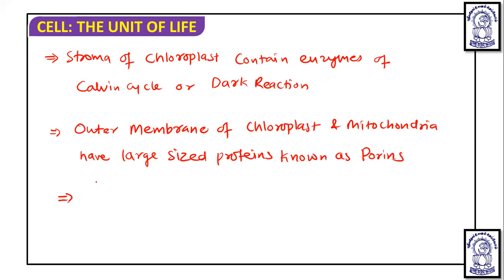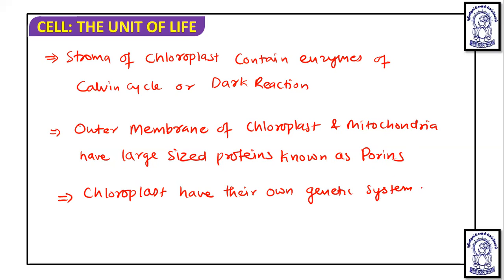Apart from this, we know that the chloroplast has its own genetic system, like double-stranded circular DNA, RNA, then protein synthetic machinery like ribosomes, and enzymes.